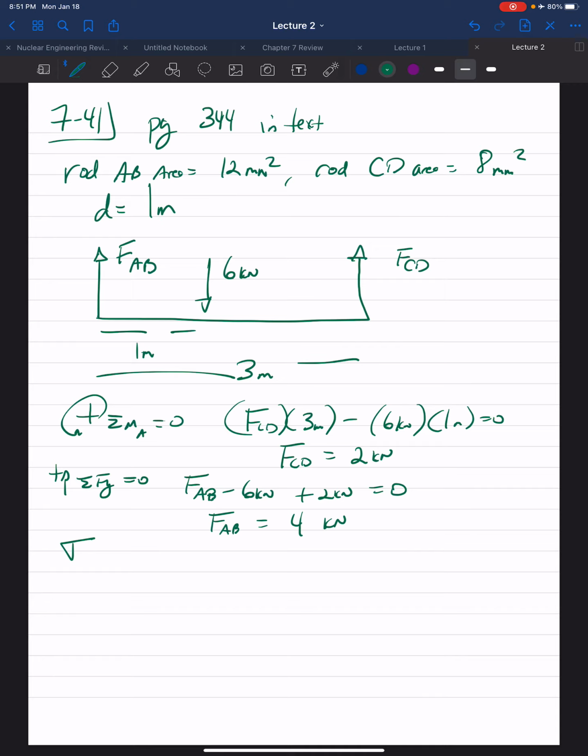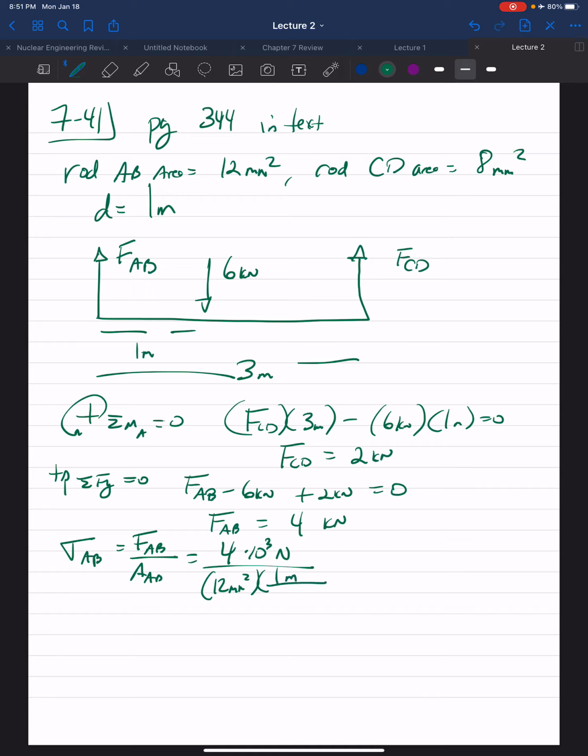Therefore, the average normal stress in rod AB is FAB over the area AB. So it'll be 4 times 10 to the 3, 4 kilonewtons, over the area of AB. They gave the area as 12 millimeters squared. Well, we need it in meters squared.